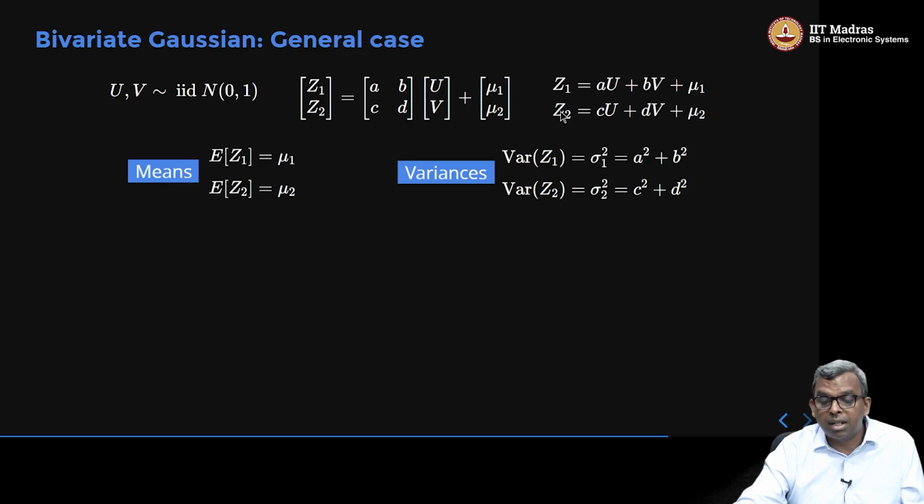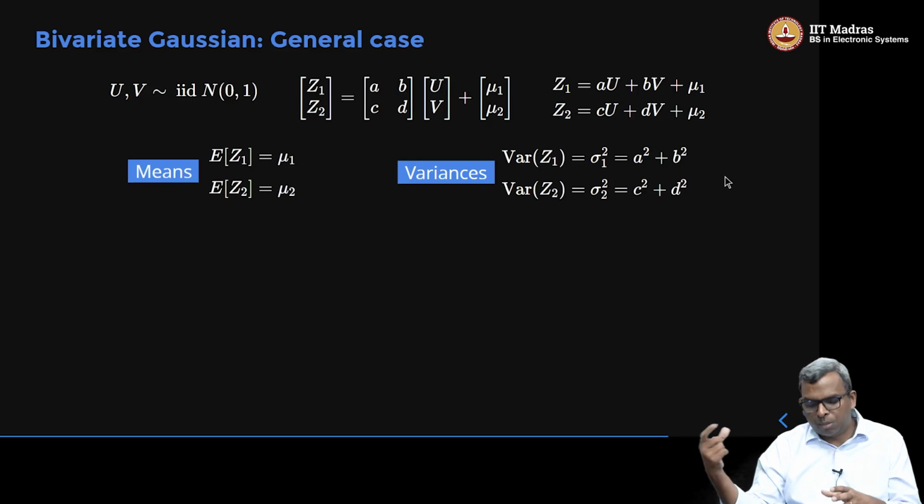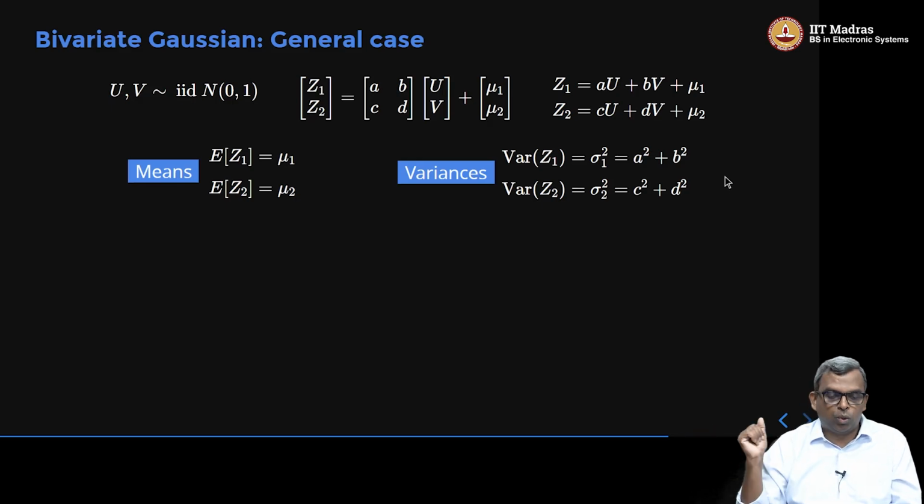Similarly, variance of Z2, I'll denote it sigma 2 squared, is c square plus d square. So notice it's very easy to do. When you do an arbitrary mix of u, v and get Z1, Z2, the means and variances are quite trivial to calculate because these are direct linear combinations, affine combinations with mu1 mu2, of u and v.